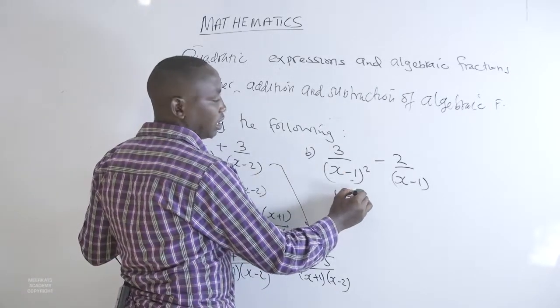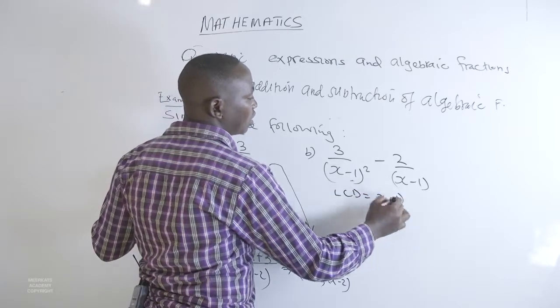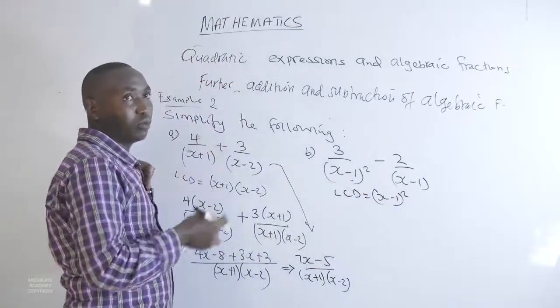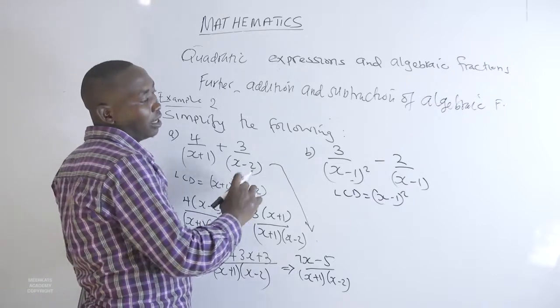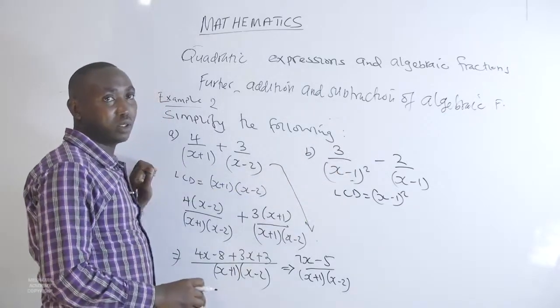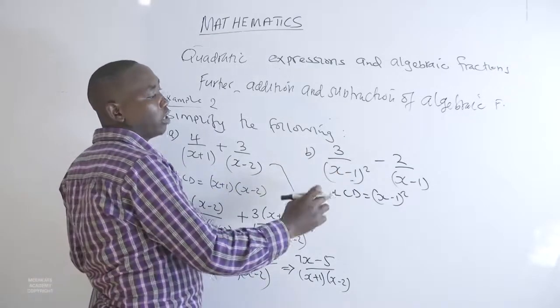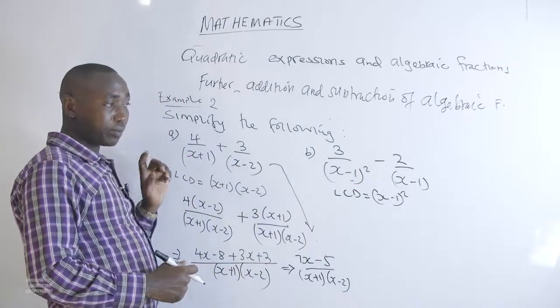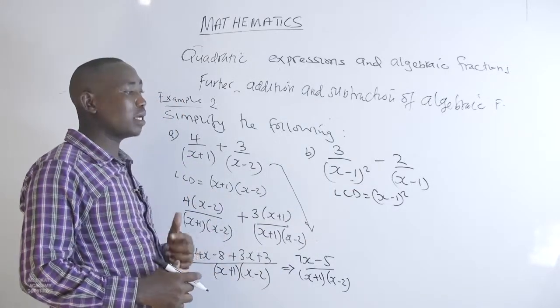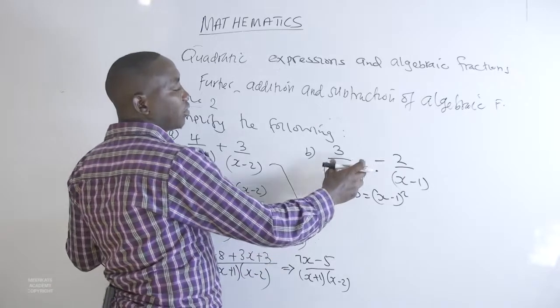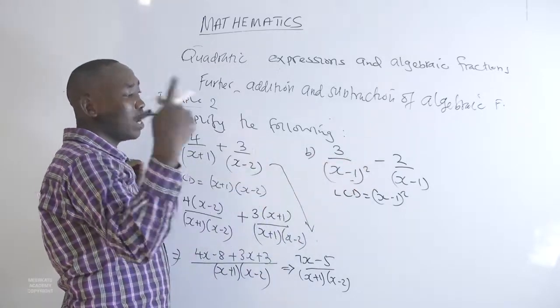That means that our LCD is going to be x subtract 1 raised to power 2. Then we seek to express these two fractions using the LCD, which is x subtract 1 squared. Now x subtract 1 squared goes into x subtract 1 squared once.